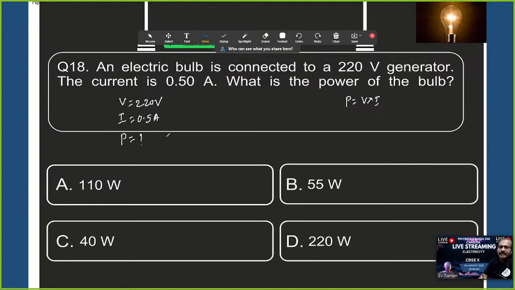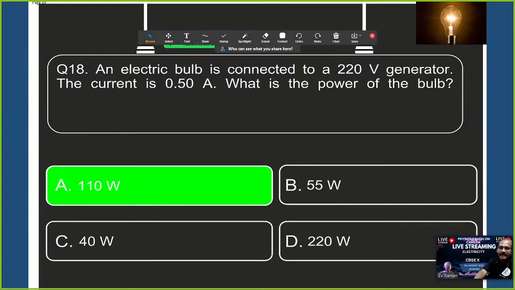So directly we can apply that, 220 into 0.5. 110 watts of power we will get. So which option? Option A 110 watt, option B 55 watt, 40 watt and 220 watt. So we get that option A 110 watt.